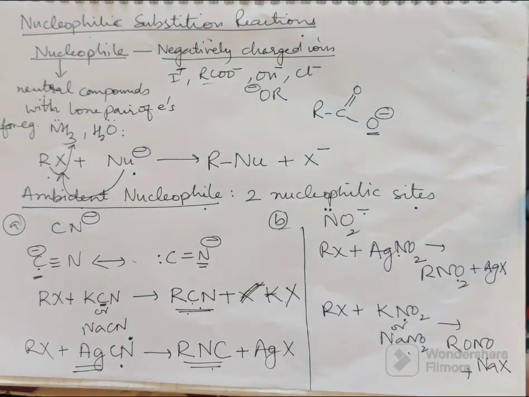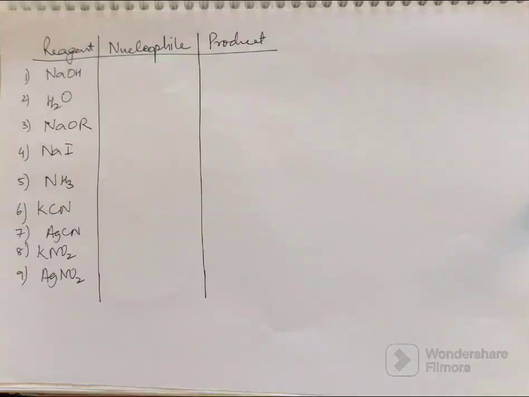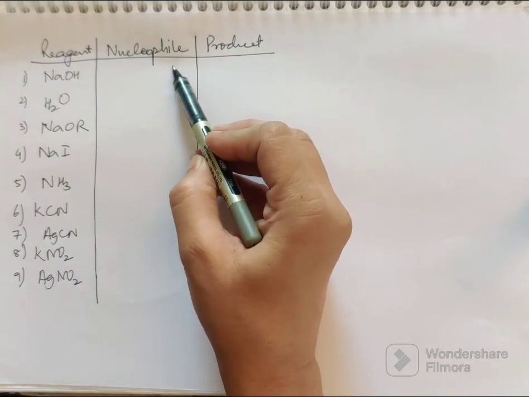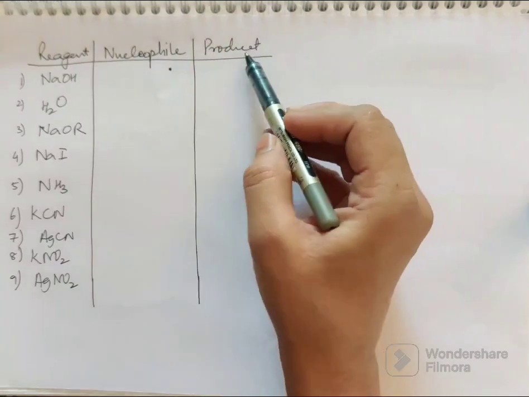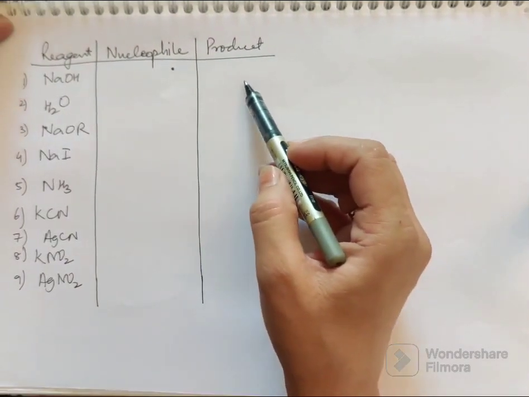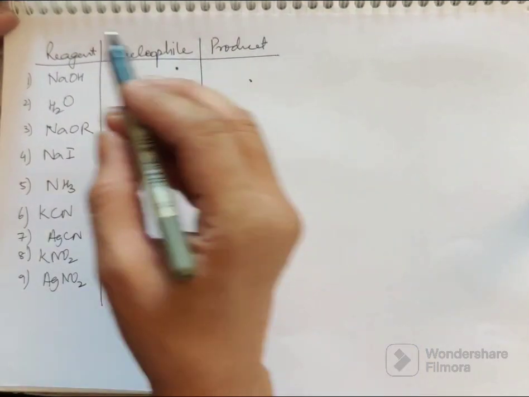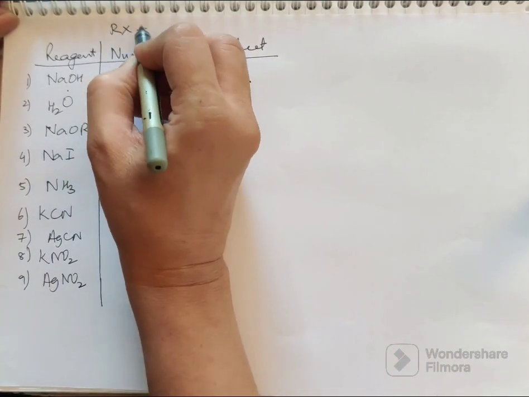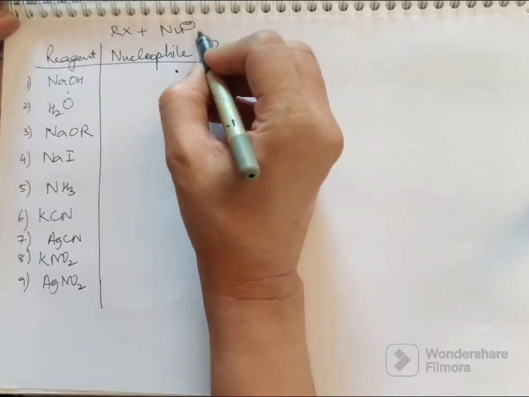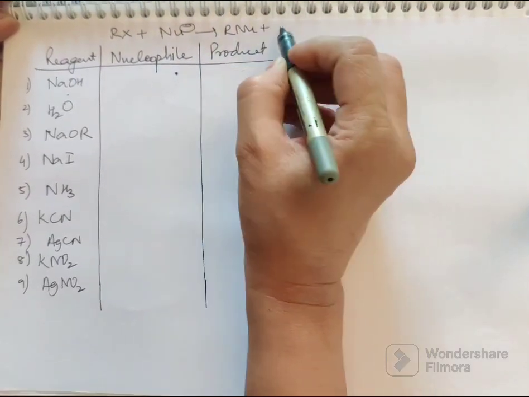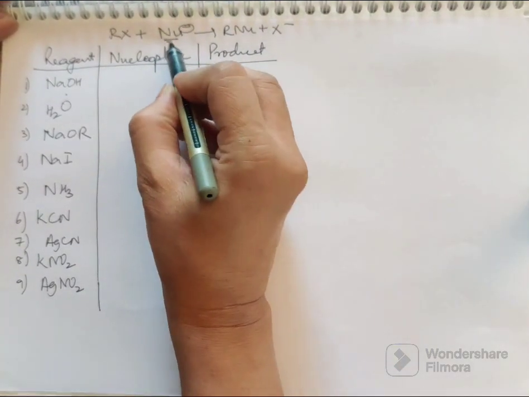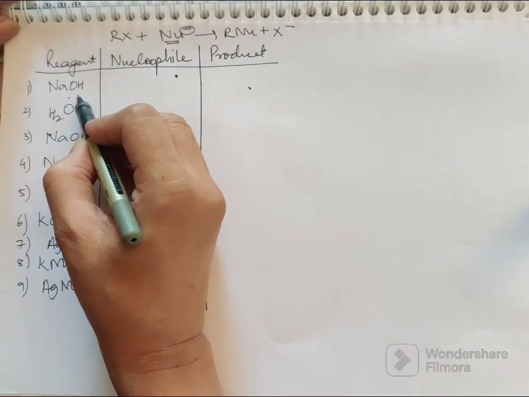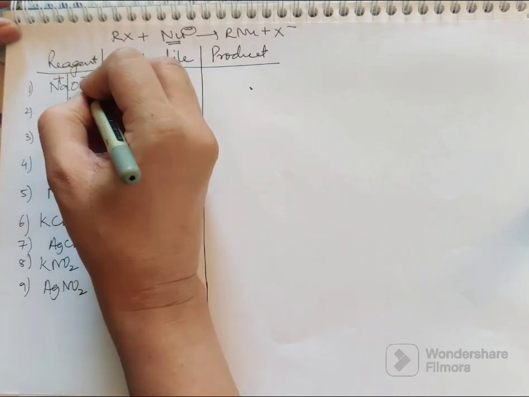Let us see some reagents and the nucleophiles that they will produce, and when they attack on the alkyl halide, the products that they are going to make. For example, if NaOH is the reagent that you're taking with alkyl halide, we get ROH plus X minus. Let us look at the nucleophiles produced by these reagents. If it is NaOH, what we get is Na plus OH minus.